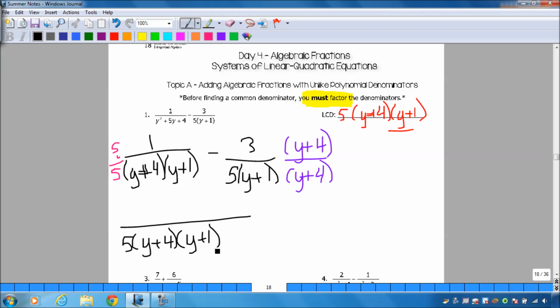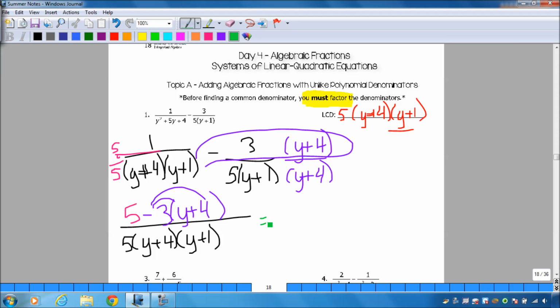Okay? And then when I multiply these together, I get 5 right here. And then for this part, I'm just going to write it out first so that it's easier: minus 3 times y plus 4. Do not forget to distribute that negative. Okay? So this ends up being 5 minus 3y minus 12 over 5 times y plus 4 times y plus 1.